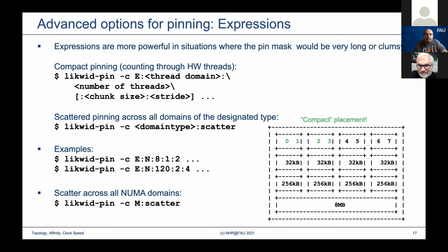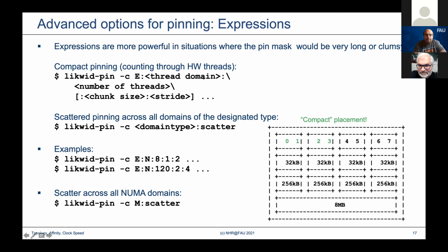There is some advanced feature: the pinning expressions, which can be powerful in situations where you have a lot of cores and a lot of SMT threads, where the plain list can be long and clumsy. It starts with an E, so it tells LIKWID-pin to use the expression syntax.